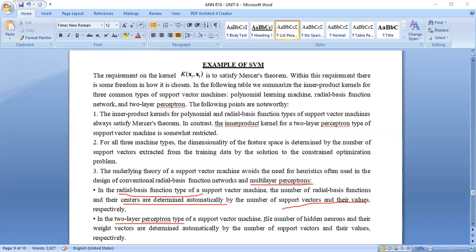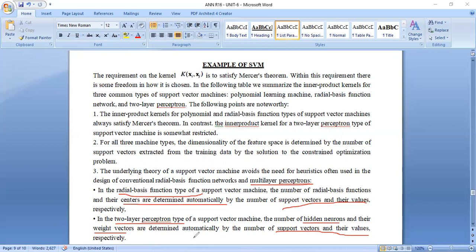How many hidden neurons are we using in that network, and what are the weights of those vectors? The number of hidden neurons and weights of those vectors are automatically determined by using the same support vectors and their values.